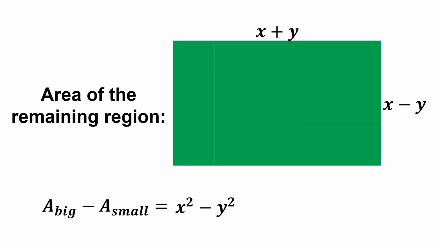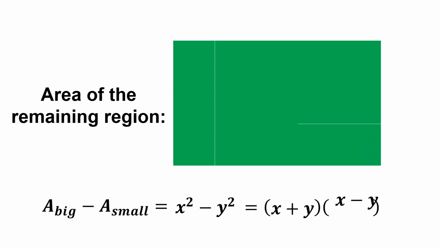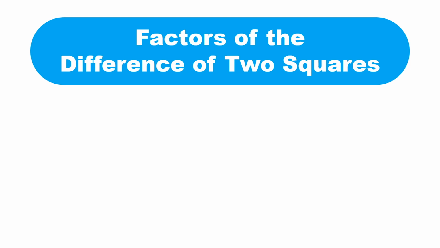Using the formula for the area of the rectangle, x squared minus y squared now is equal to x plus y times x minus y. So remember this identity called factors of the difference of two squares. x squared minus y squared is equal to the quantity x plus y times the quantity x minus y.